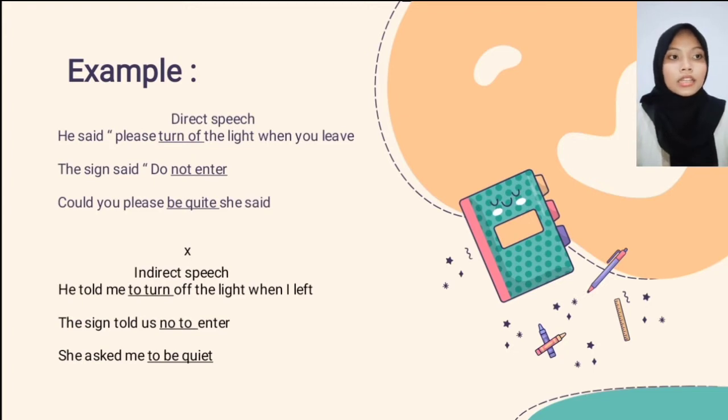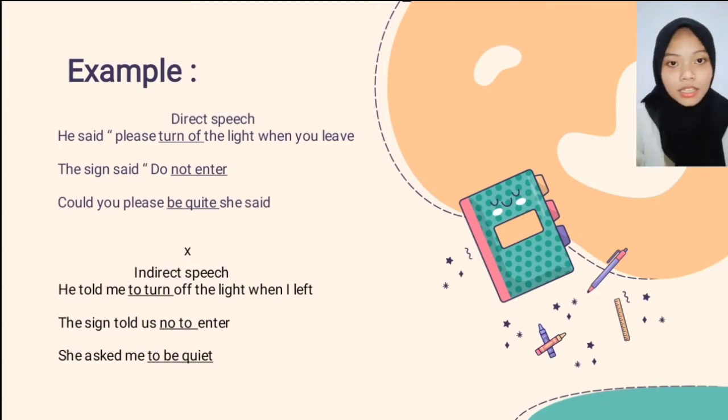The sign said, do not enter. In indirect speech, the sign told us not to enter. The next example, could you please be quiet, she said. In indirect speech, she asked me to be quiet.